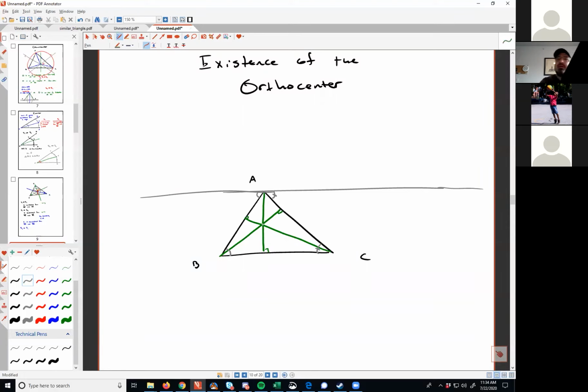Well, you know, if something works for us once, sometimes we just ought to see what happens when we do it again. So I'm going to draw a line through C parallel to AB. And from that we get that that angle is equal to our original angle B, and this angle right here is equal to our original angle A.